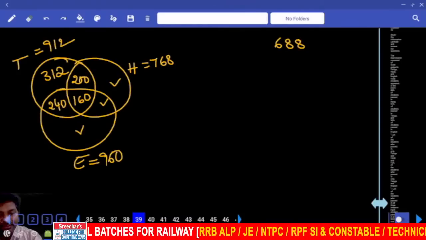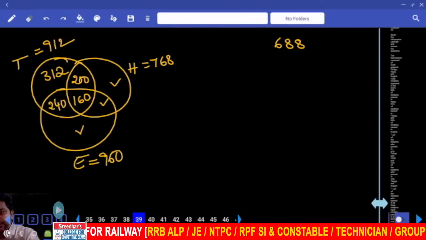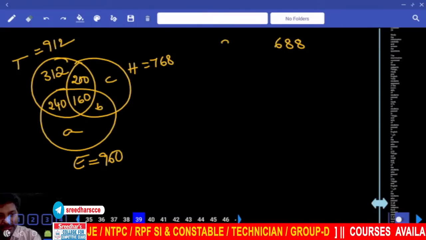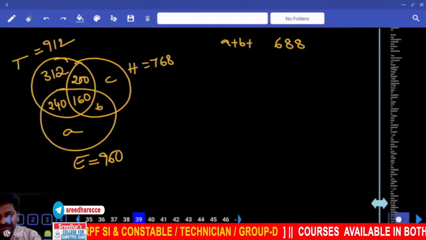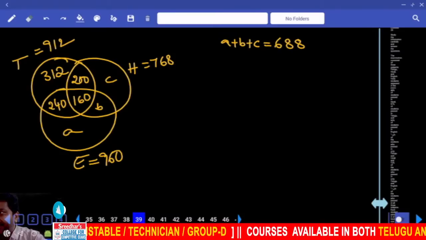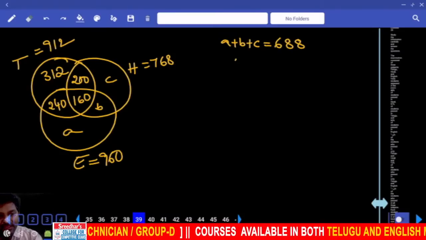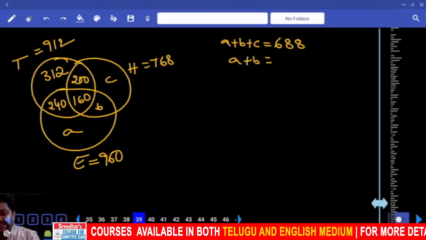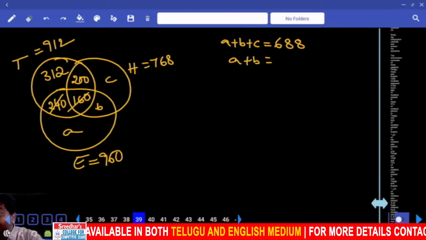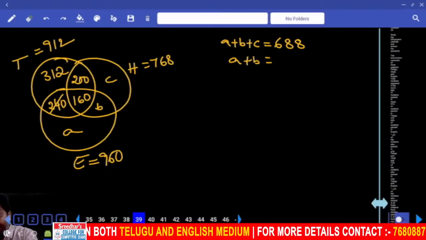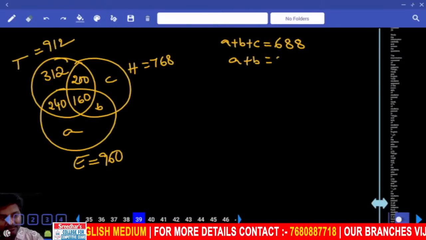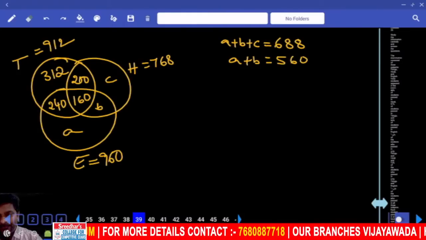Agreed? Assume A, B, C are those values. A plus B plus C should be equal to 688. Where A plus B is equal to, from 960, subtract 400, 560. Correct. 560.